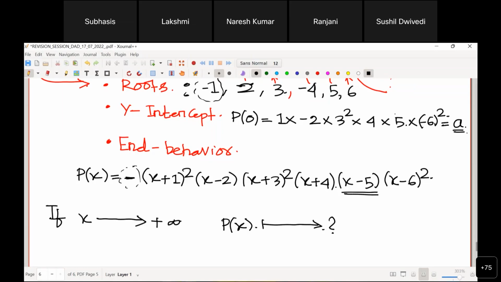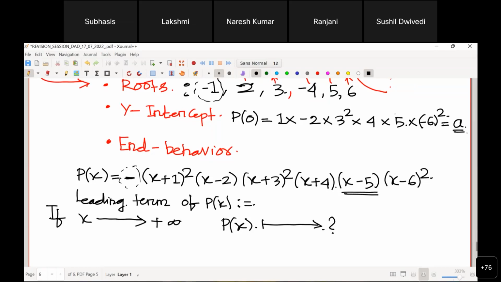It'll tend to minus infinity because the leading coefficient is negative, because you have a negative sign. Correct. So the leading term of p of x is what?